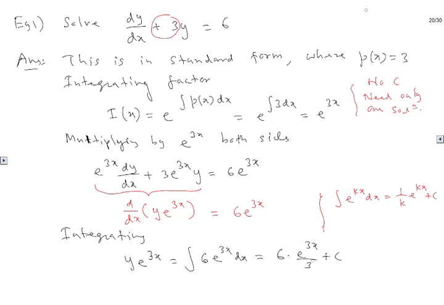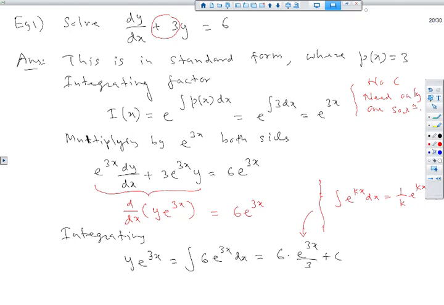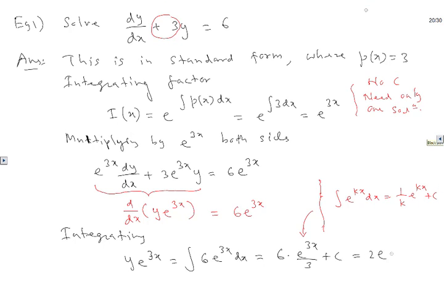Here k is equal to 3. So because of that, we're going to get 2e^(3x) plus c.